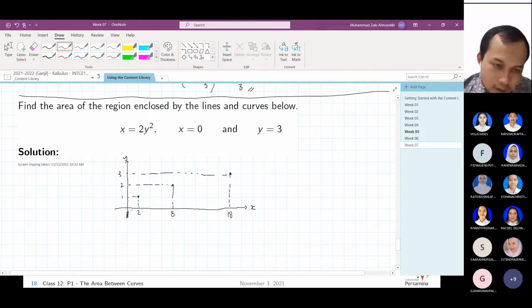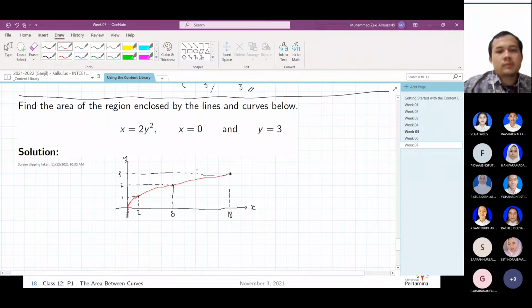So the curve looks like this. The area is enclosed by the lines and the curve below.